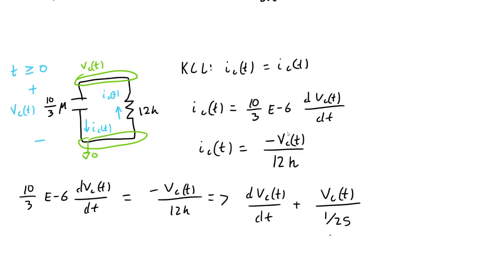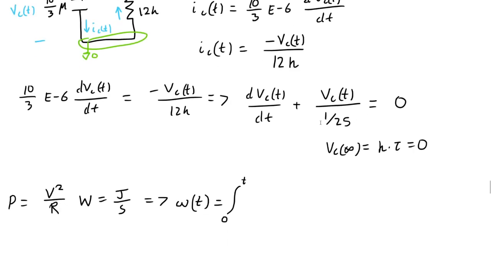It's also 0.04 if you put that in the calculator. And then this is 0 on the other side. So based on that, we can find that VC infinity is going to be k times tau, which is 0 in this case.